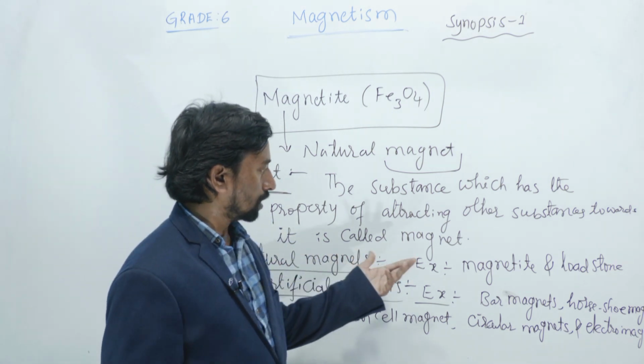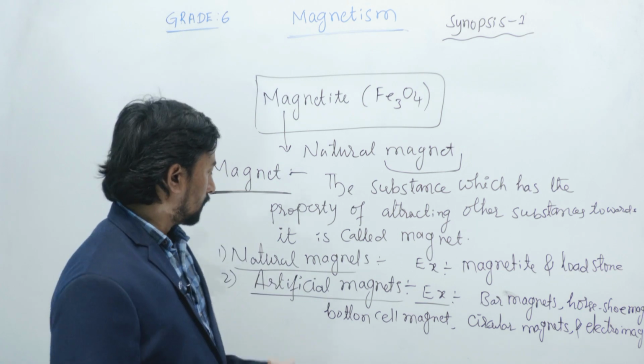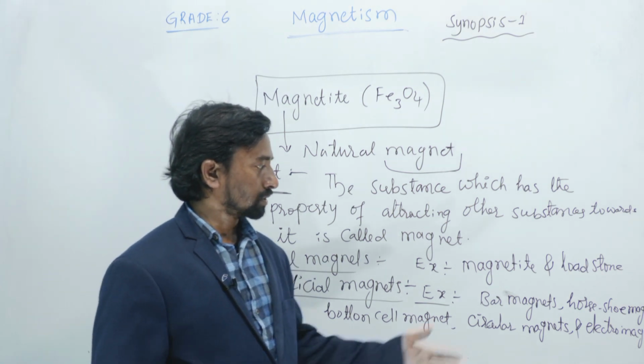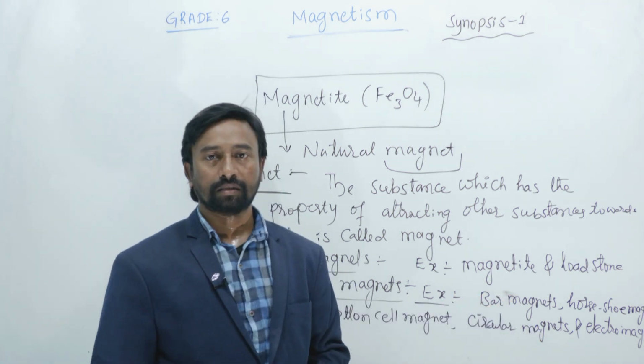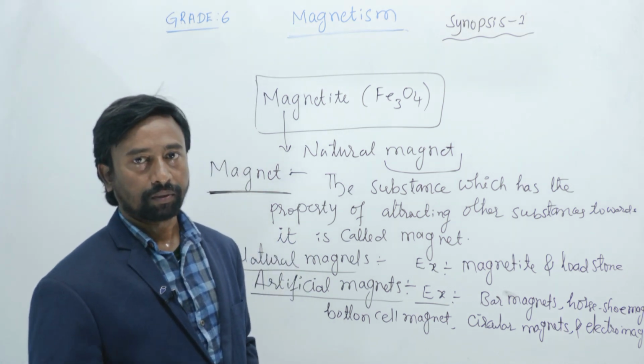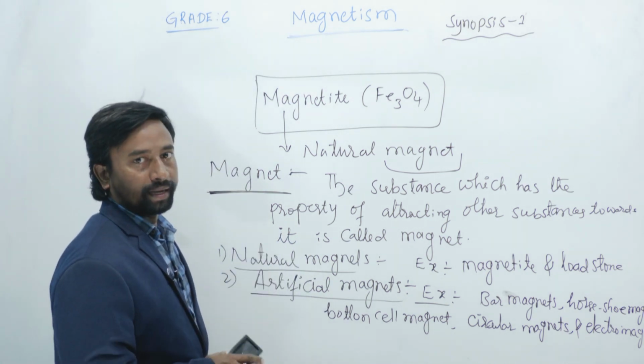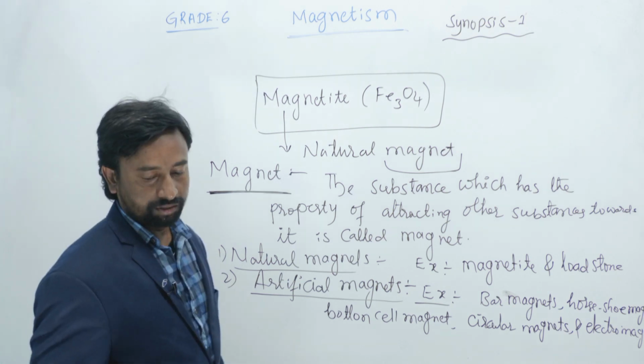Natural magnets are permanent magnets, and among artificial magnets some are temporary magnets, like electromagnets. So we have two types of magnets based on their property.